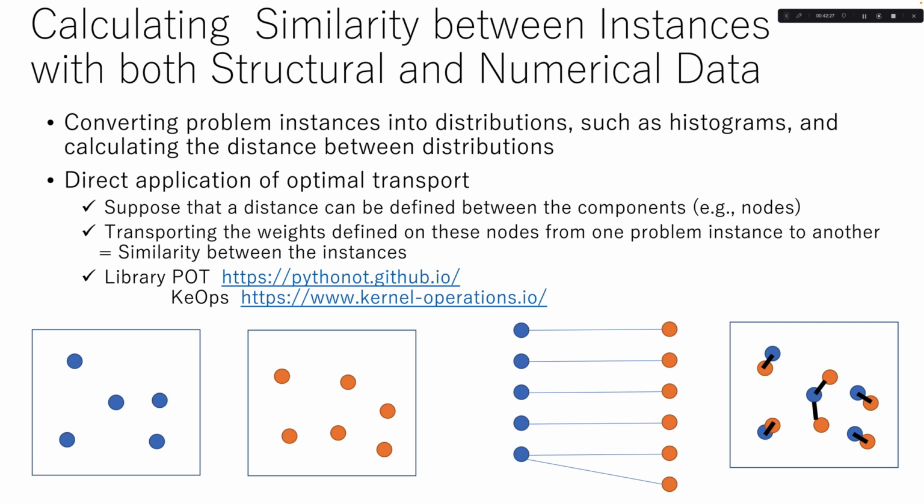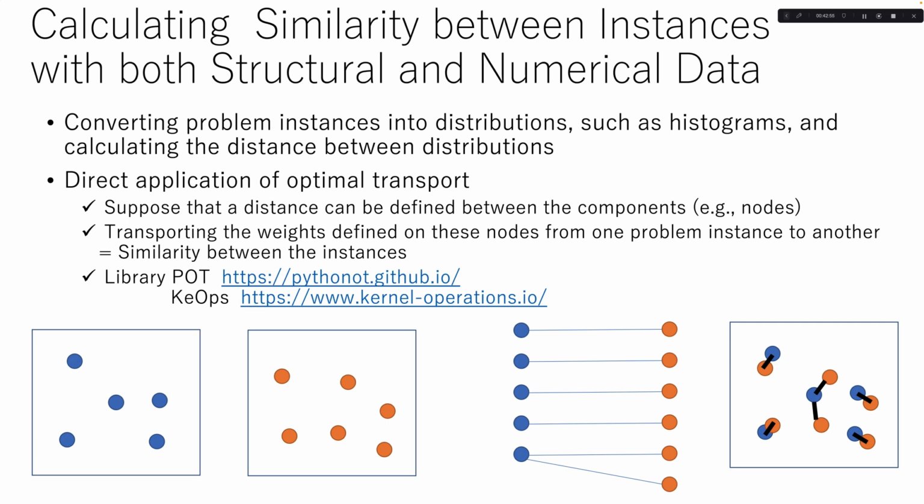A simple method involves converting problem instances into distributions, such as histograms, and calculating the distance between distributions. There are various methods for calculating the distance between distributions, but using transport distance is straightforward. Libraries like POT and COOPT can be used for computing transport distances. Direct application of optimal transport can also be effective for certain problems.